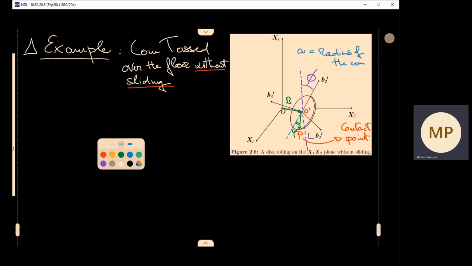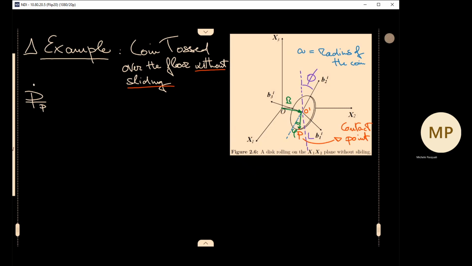So the condition of rolling without sliding, how do we enforce it? We enforce it saying that the velocity of point P, the relative velocity between the contact point of the coin and the ground, which is our inertial frame, must be 0. But the relative velocity in this case, since we are talking about the ground, is the global velocity.